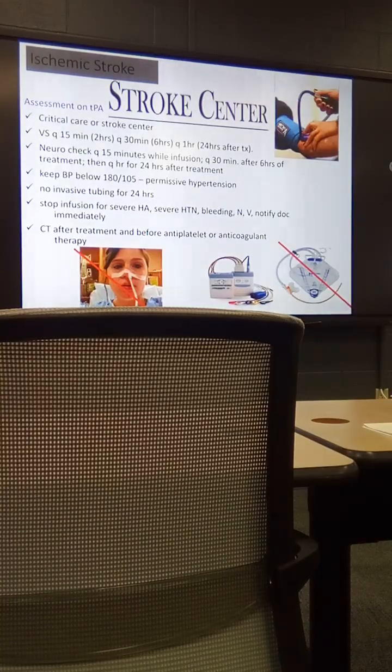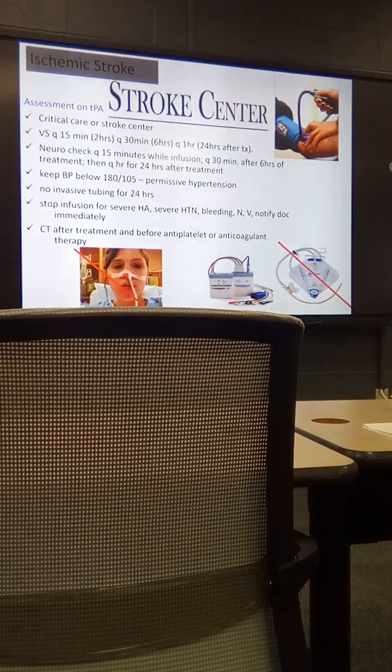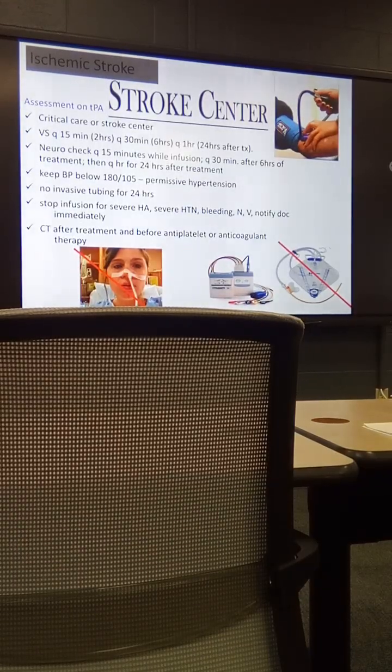Keep the blood pressure below 180/105. That seems a little high to me, but it depends. If you think about it this way, how is the blood gonna get to the brain to start to heal anything if we keep them hypotensive, right? So you still want this elevated blood pressure to get blood into the brain, because we still have to perfuse the brain.